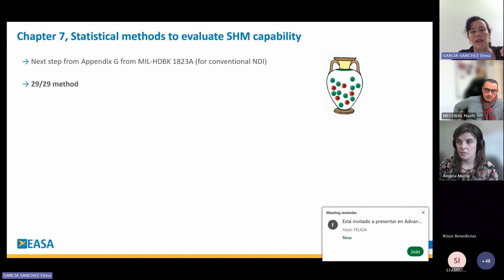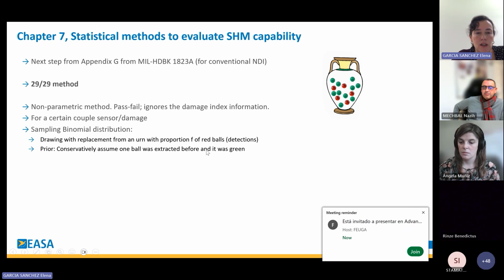This technique means that you have 29 samples of that crack size or damage size, and you request that all 29 of them are recognized. Statistically, this is the same as having 90% of the damages recognized with 95% probability. This is sampling from a binomial distribution.